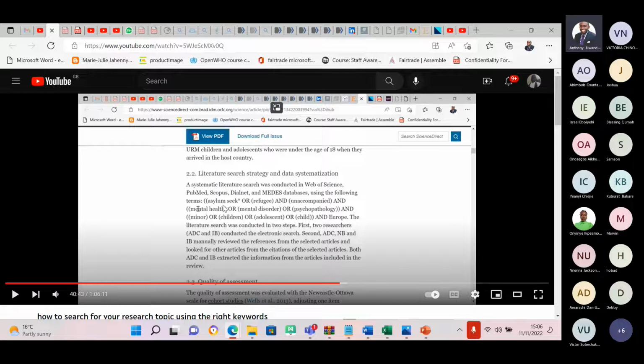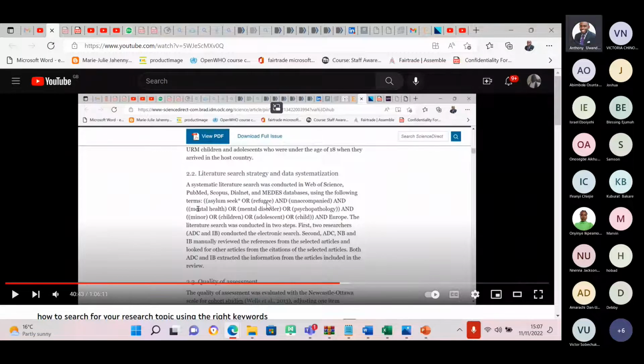You can see how they search for asylum seeker, and if they write asylum seek, they put an asterisk, which means any other word after seek, or refugee. You need to read some systematic reviews and look at the literature search strategy, so you see how they searched for keywords. Then you'll be able to get keywords for your own.